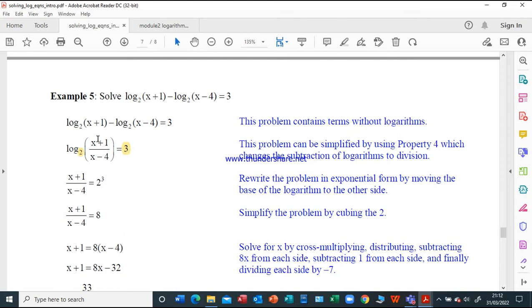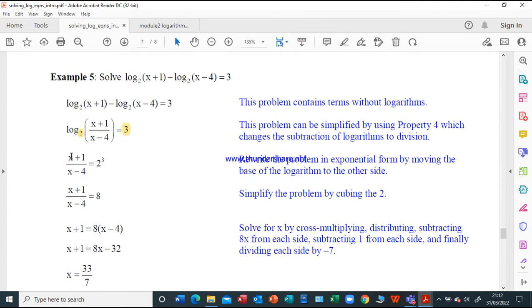Okay, so all we need to do now is basically see whether this is a linear equation or not. So we write it as, now 2 to power 3 is 8 already, so x plus 1 over x minus 4 is equal to 8. And then what do we do? We cross multiply.